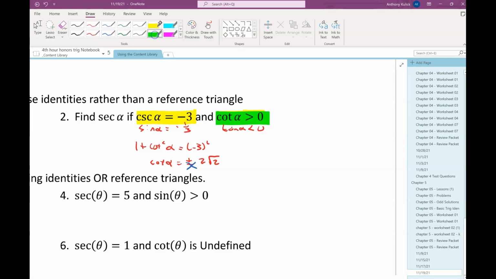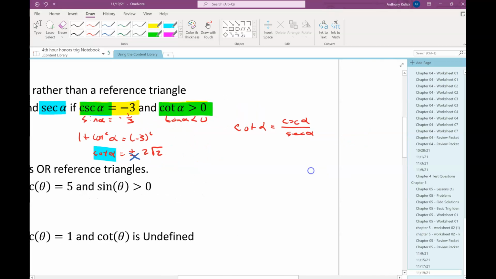Now I'm going to look for something that relates cotangent or tangent with secant and cosecant. So there I can say that cotangent is equal to cosine over sine. Cool with that? Sorry, that's not the version I wanted. I wanted to say cosecant over secant. Is that okay so far, Paul?